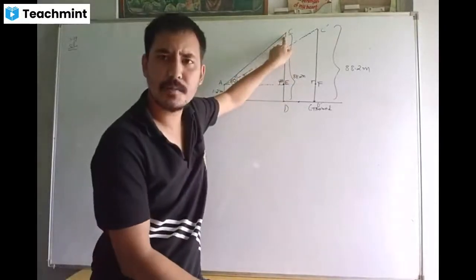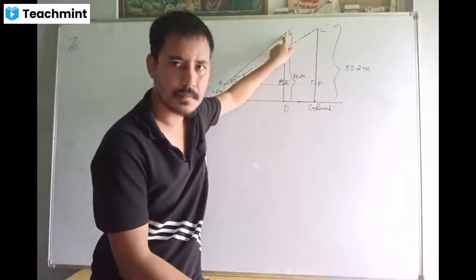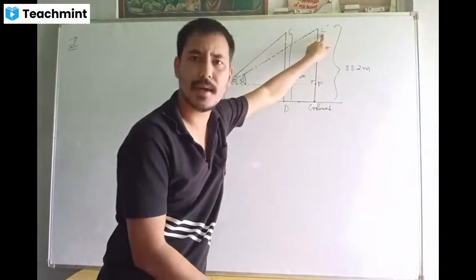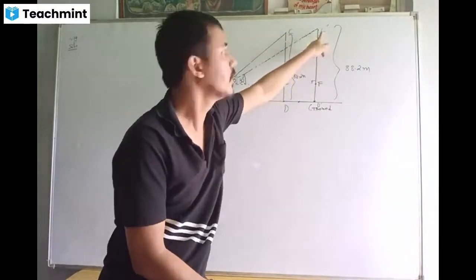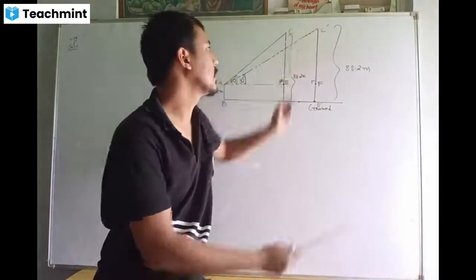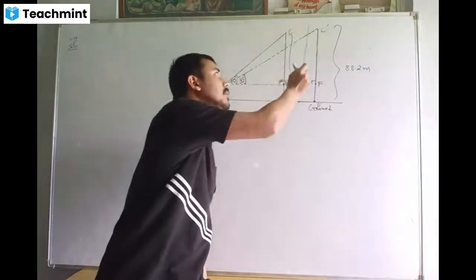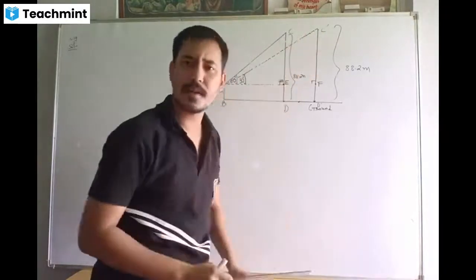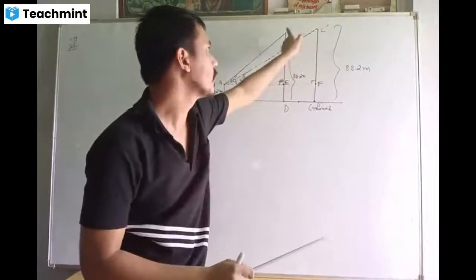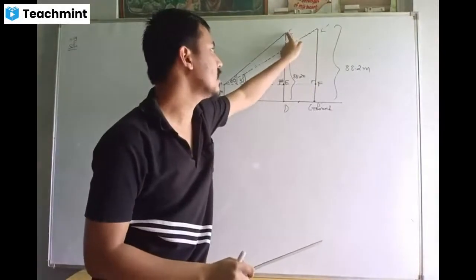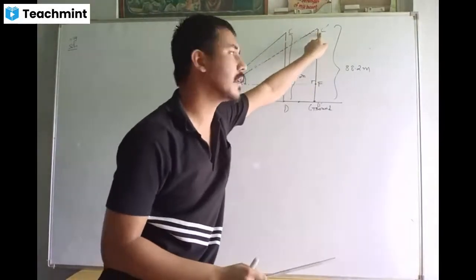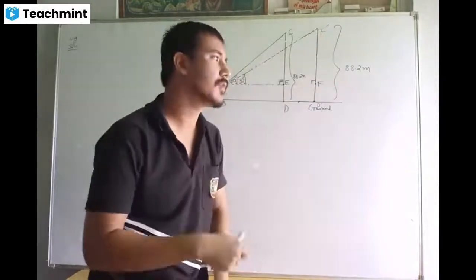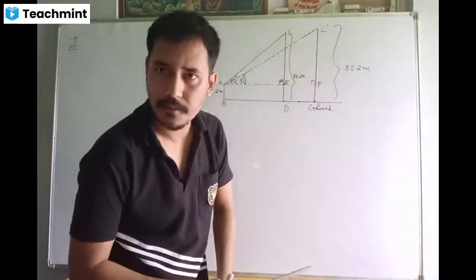C is the initial position of the balloon. C dash is the final position of the balloon. So the distance between the initial position and the final position will give you the distance traveled by the balloon, right?